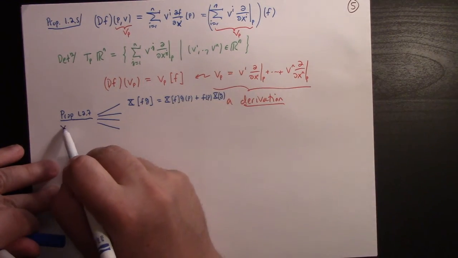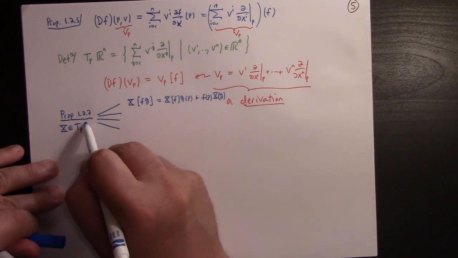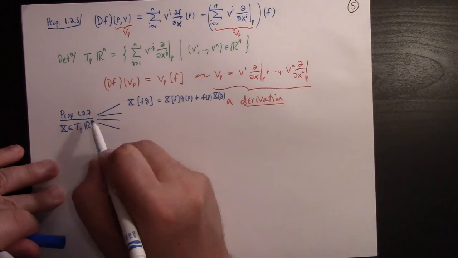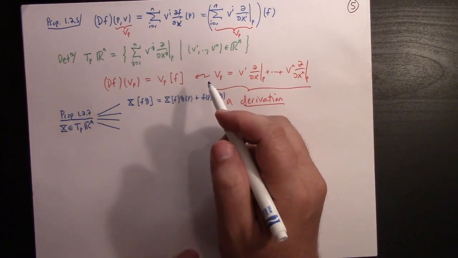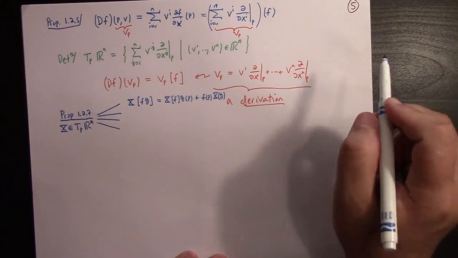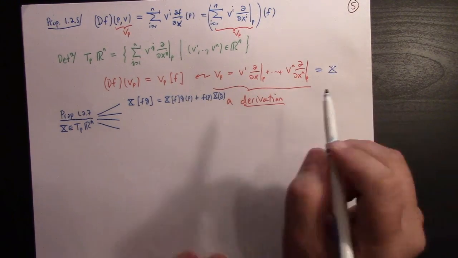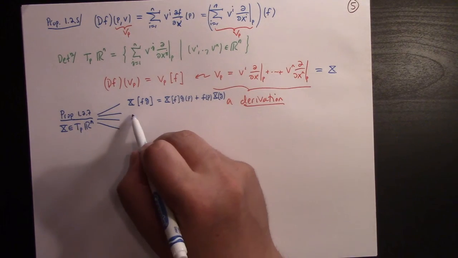Now here x is an element of the tangent space to P at R n, which again I'm just telling you now is a set of derivations at the point P. It's something of this form, right? This is the quote-unquote x in my next proposition, all right? Anyway, you also have linearity.